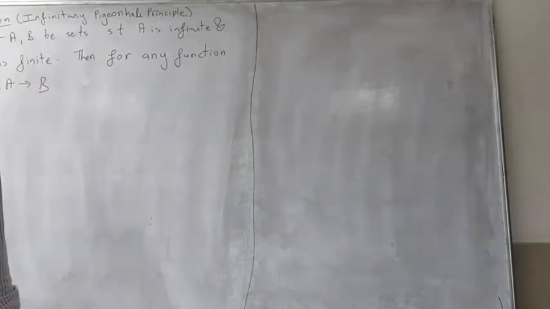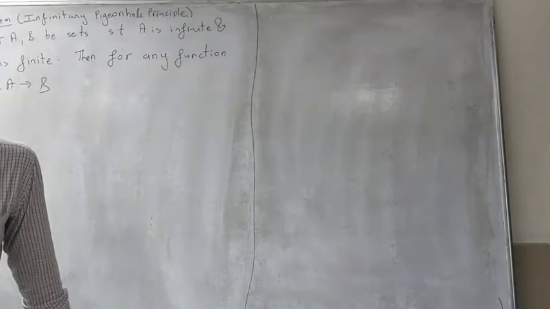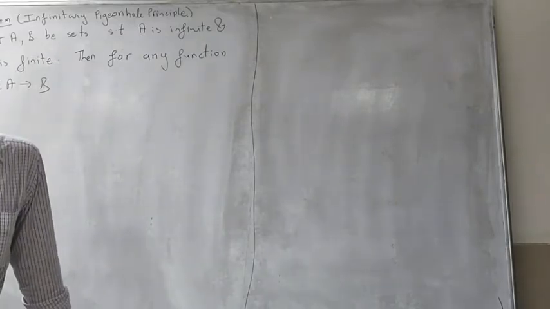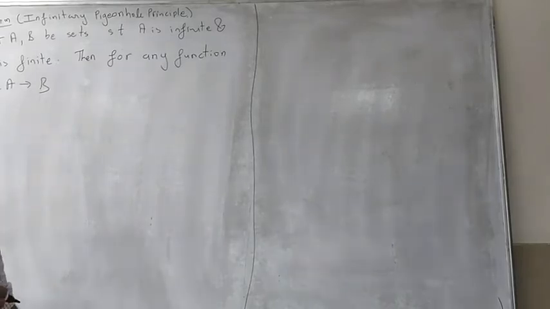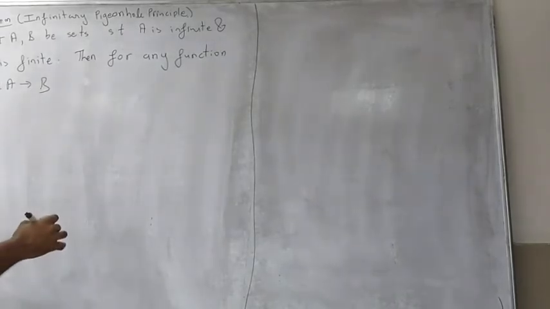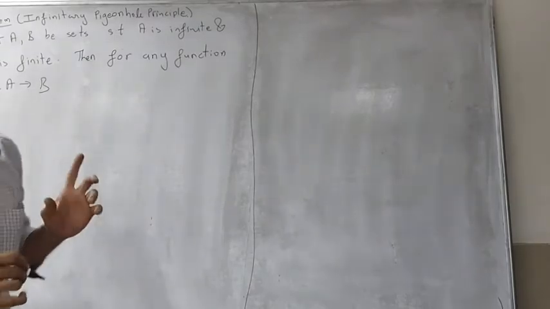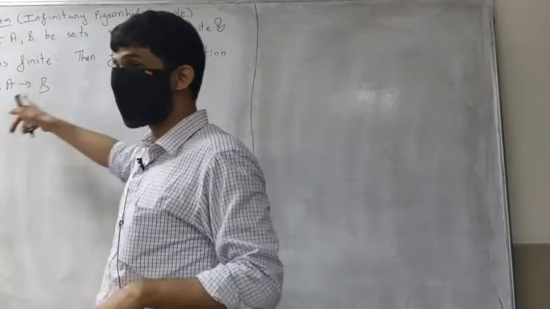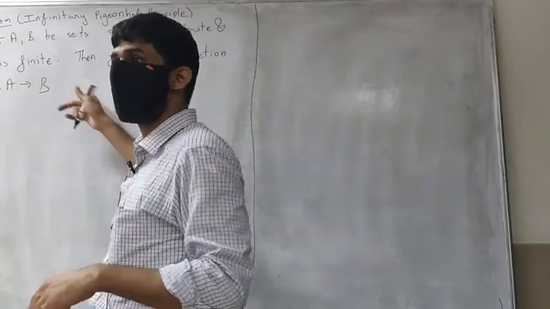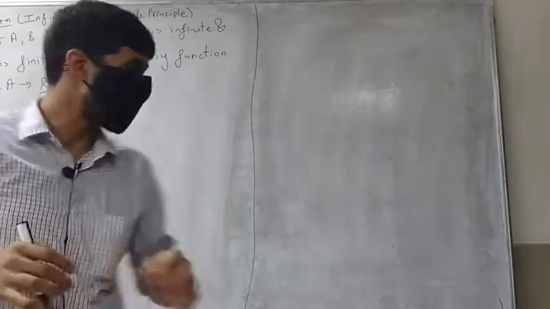What do you think? There will be one pullback which has infinitely many. So there will be an element of B such that there are infinitely many elements of A mapping to it.